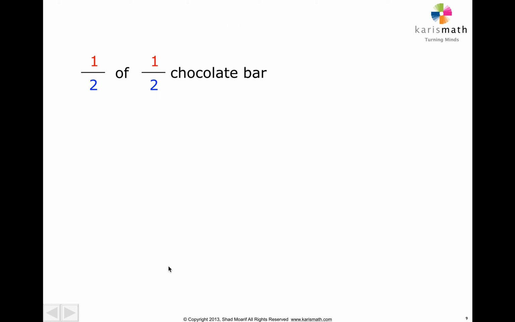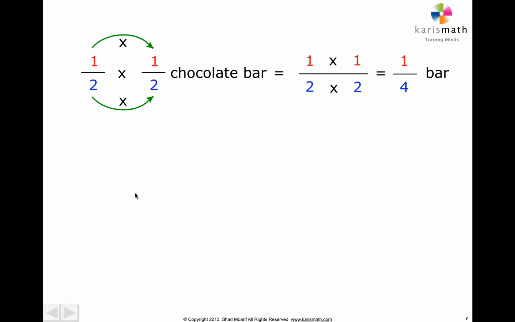Half a chocolate bar: multiply across the numbers on top, you get 1, and multiply across the numbers below, you get 2 times 2, and the answer is 1/4 of a bar. So here multiplying below changes the size of the chocolate piece. Same thing with this, 2/3 of 3/4 of a chocolate bar.